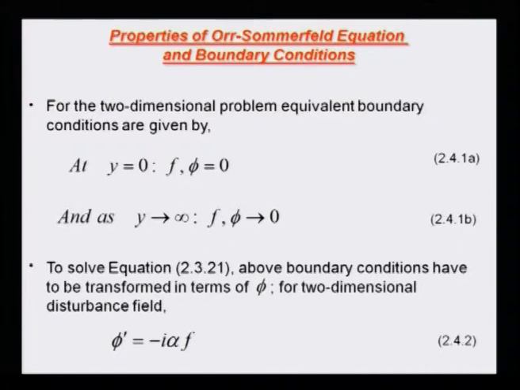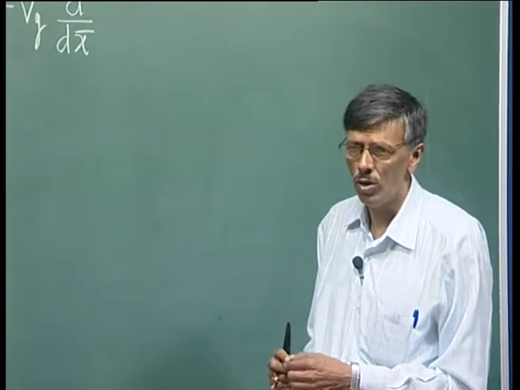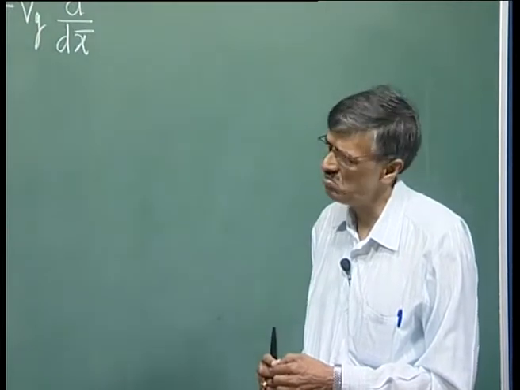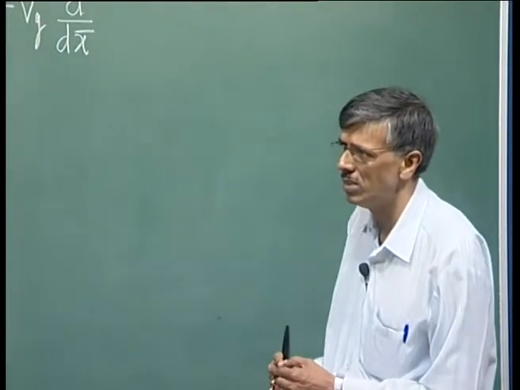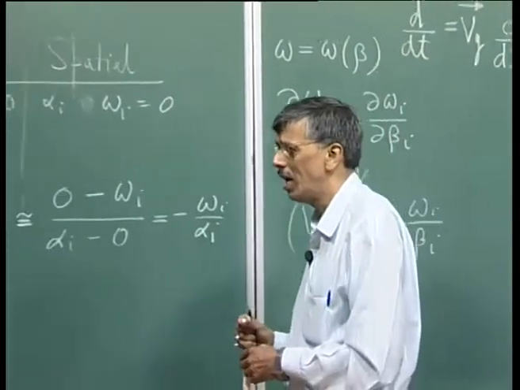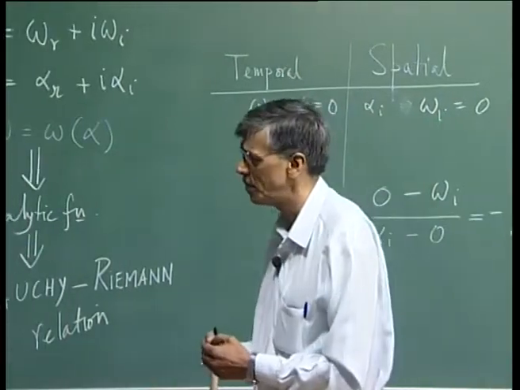What was it? That was written in terms of the phi, and we had a 4th order ordinary differential equation. So, to solve that 4th order ODE, we require 4 boundary conditions, right. So, let us try to explore what those boundary conditions are and what those boundary conditions imply.